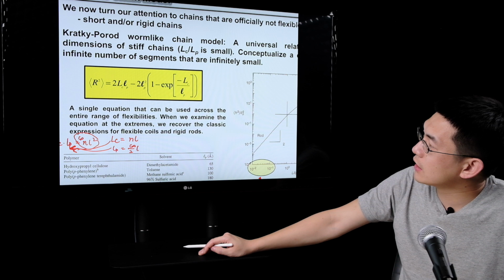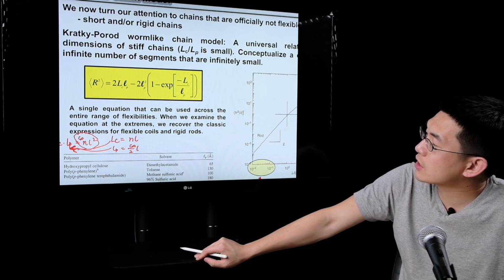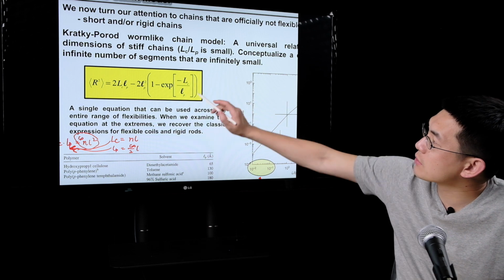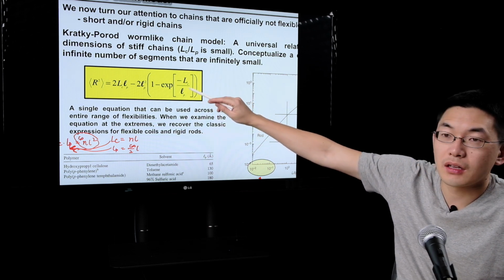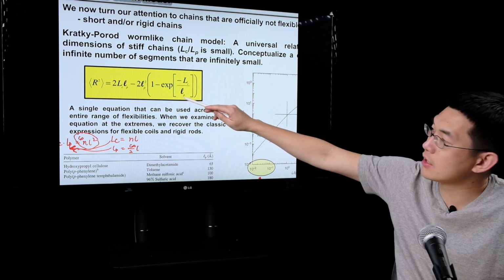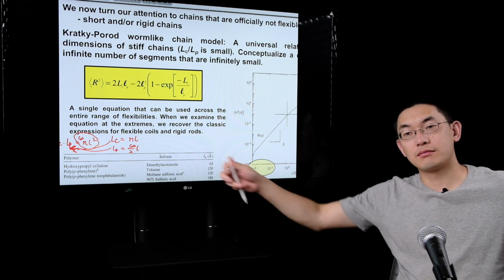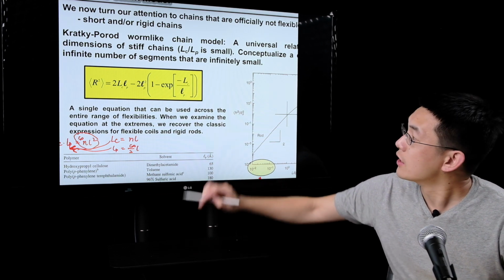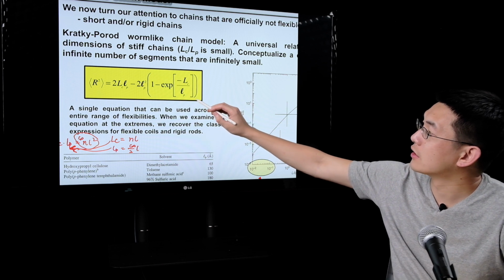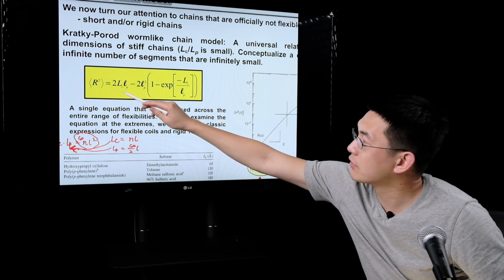You can understand it in two extremes. If the contour length is much bigger than LP, that means your chain is very flexible, right? Your contour length, how long your chain is, versus LP, your persistence length. Then you can simplify this to what we have discussed, leaving only the first term.